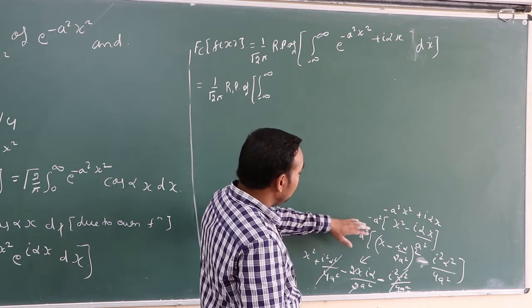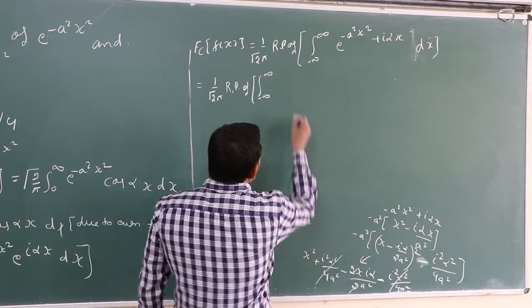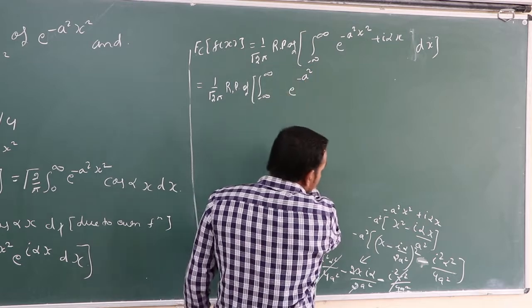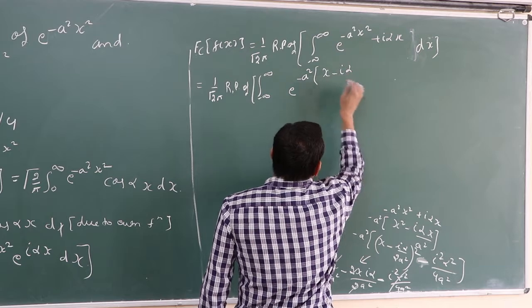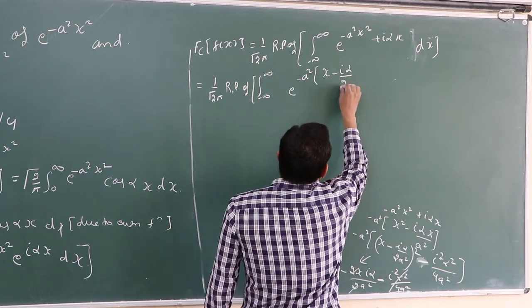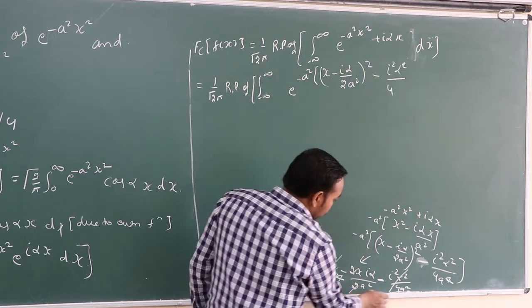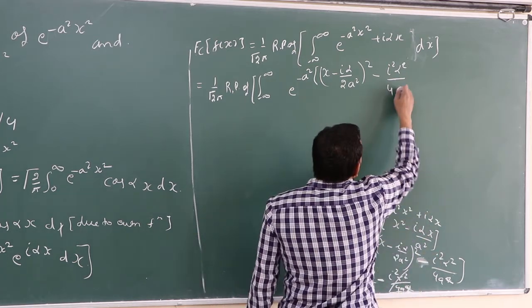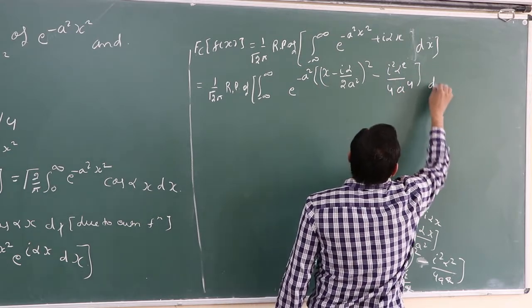So in place of this we can write e to the power minus a square, x minus i alpha upon 2a square whole square, and 4a to the power 4, dx.